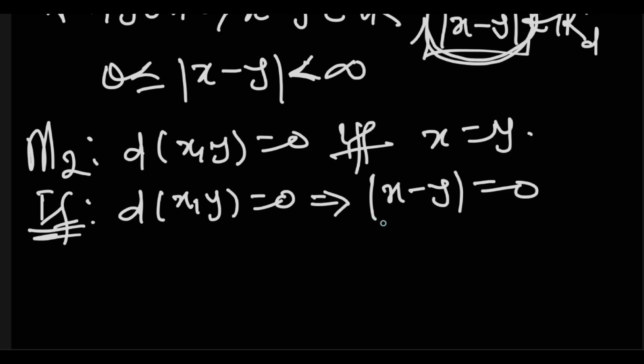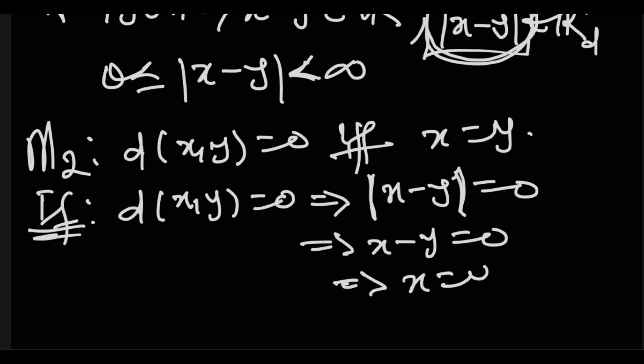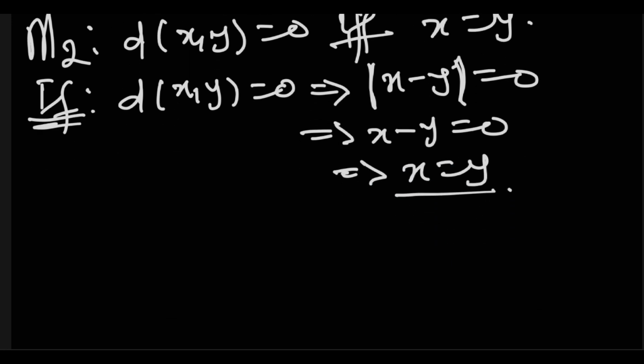When will the absolute value of an expression be equal to 0? That is when the expression is equal to 0, so x minus y equals 0. That is the only way, and from here we have x equals y. So that is the if part.